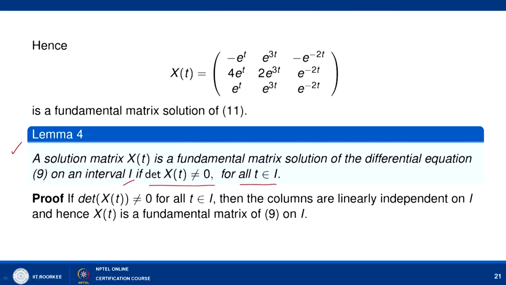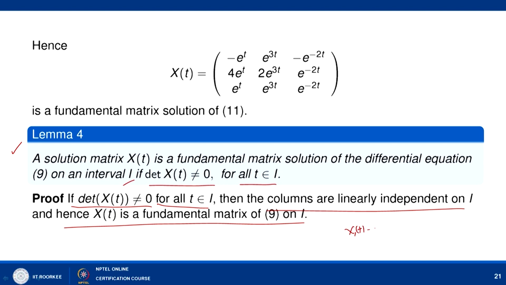So if the determinant of X(t) is non-zero, then we can say that a solution matrix is a fundamental matrix solution. We can prove that if the determinant of X(t) is non-zero for all t in I, then the columns are linearly independent on I, and hence X(t) is a fundamental matrix solution on I.